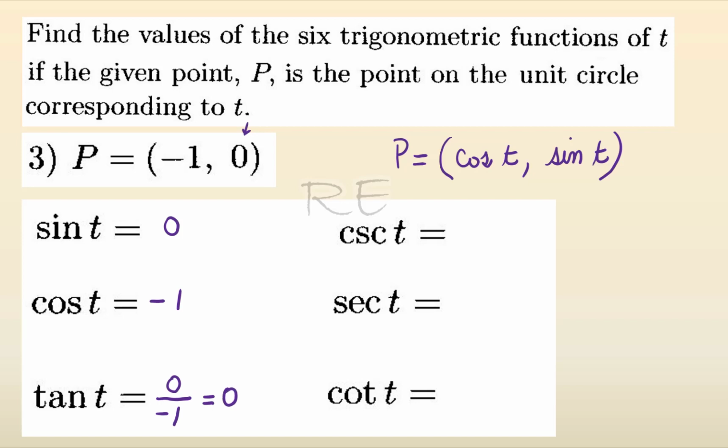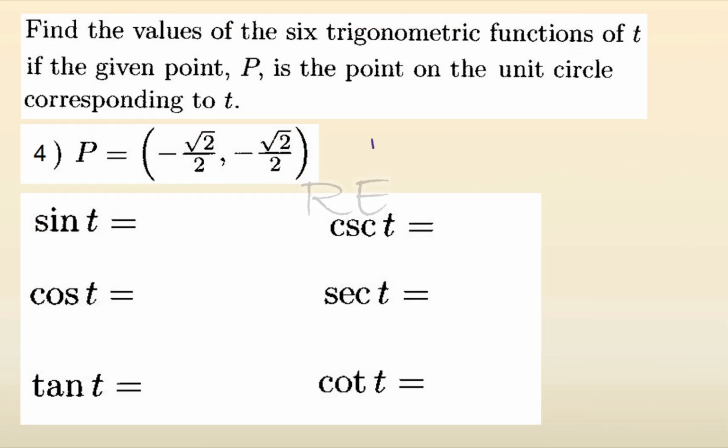Cosecant t is 1 over 0, therefore it's undefined. Secant t is the reciprocal of cosine t, so it's 1 over negative 1, which is negative 1. Cotangent t is the reciprocal of tangent, negative 1 over 0, it's undefined.